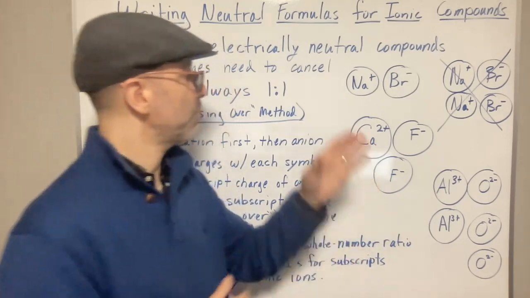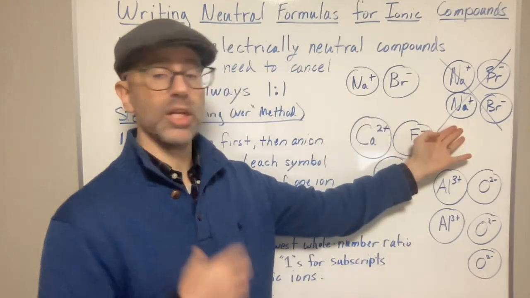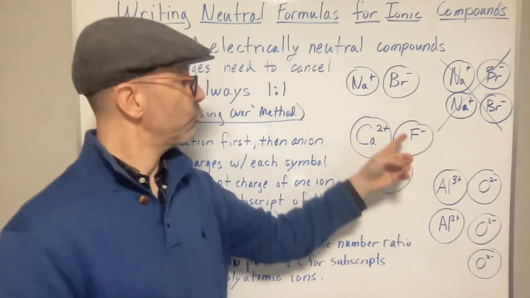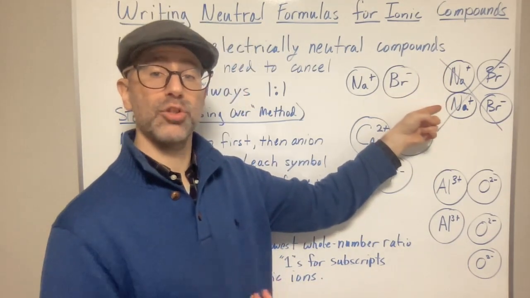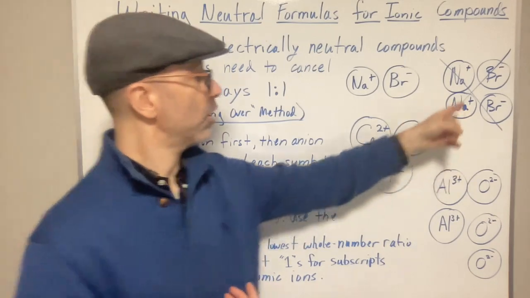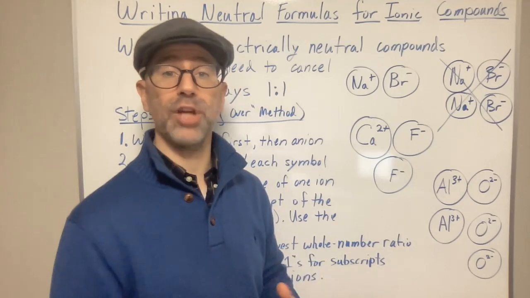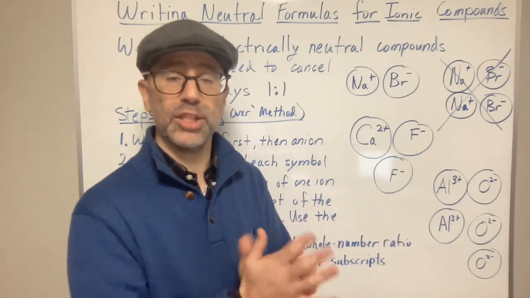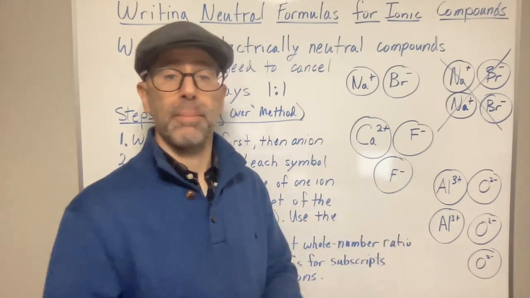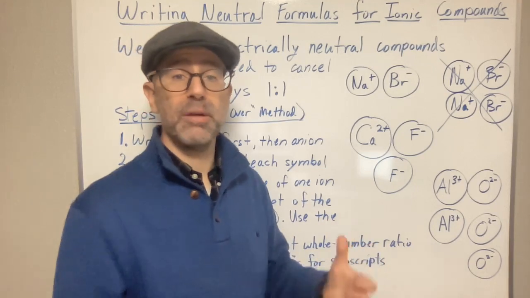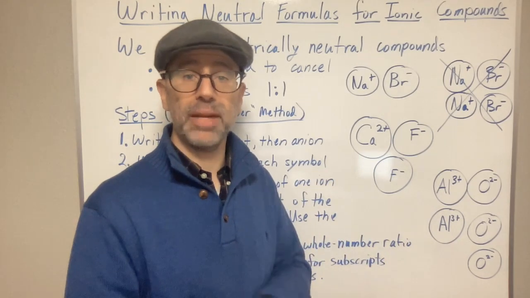Also, one of the things I want to point out is that the formula should be the lowest whole number possible. We'll see here that I could have 2 sodium ions with a total of a 2+ charge, and therefore I would need 2 bromide ions for a total of a 2 negative charge, and the 2+ and the 2 negative would balance each other out. So why not have the formula be Na2Br2? Or hey, why not Na3Br3 or any sort of combination like that?